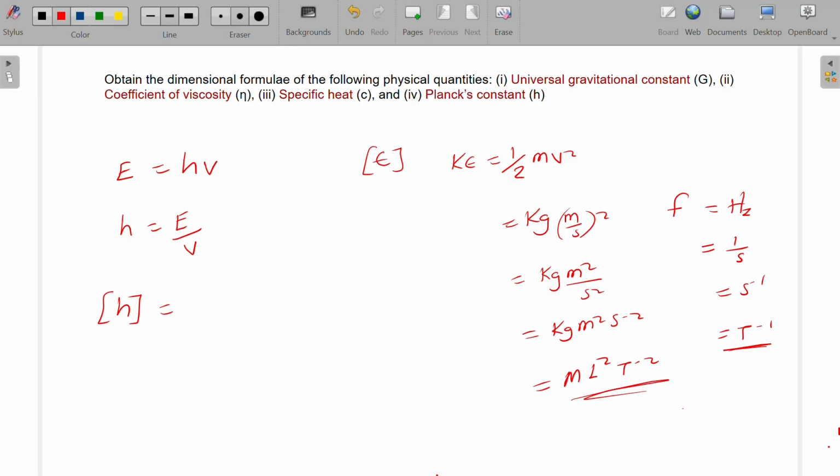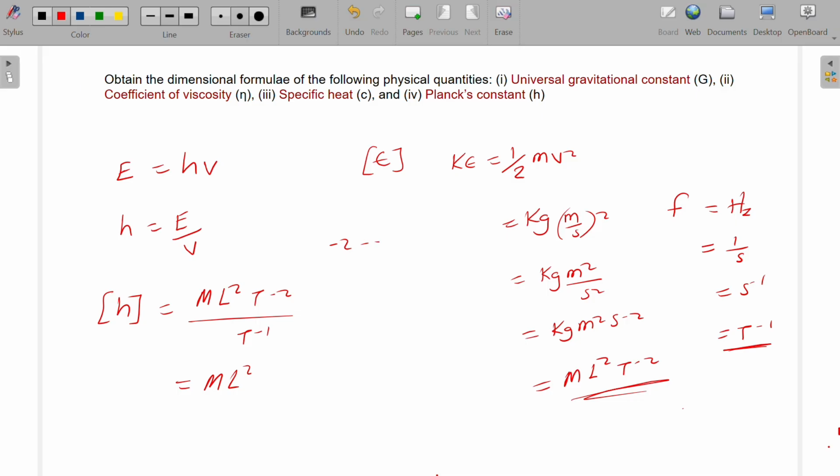Now let's replace. Replacing, the dimension for h will be equal to, on top there, M, L to the power of 2, T to the minus 2, and this will be divided by T to the minus 1 down there. So this will proceed to be M L to the power of 2.